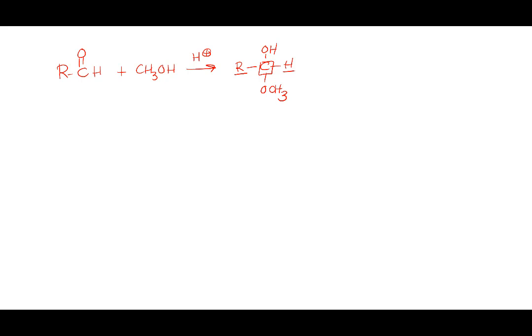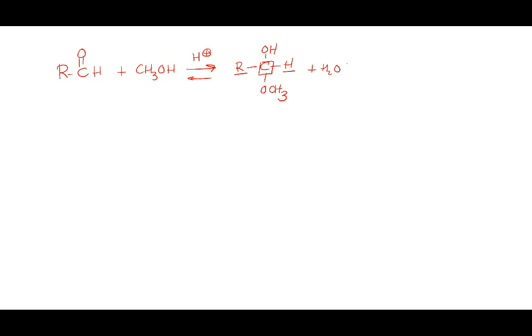If there were two R groups there, it would be called a hemiketal. So those are your choices, acetal or ketal, depending on whether it came from an aldehyde or a ketone. And this again should be an equilibrium reaction, and over here there should be water.